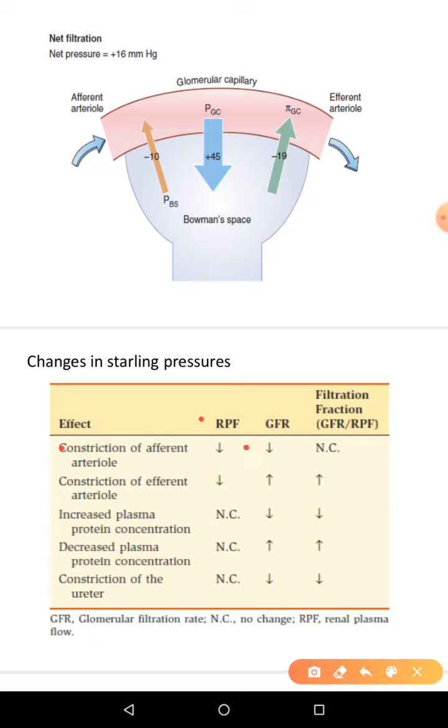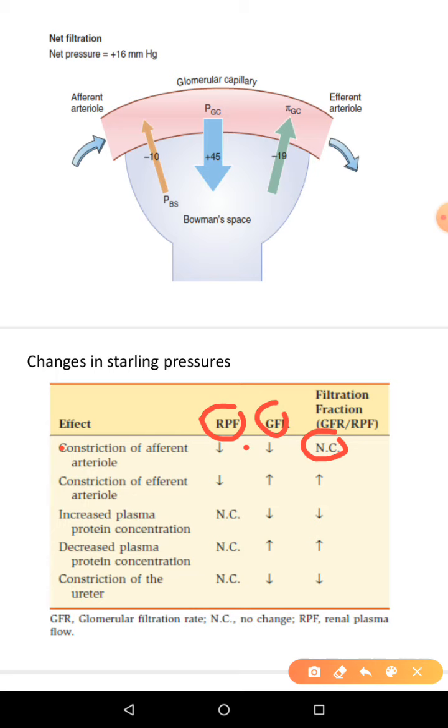What's the filtration fraction? No change. Okay. So the way they decrease, it's in proportion. They decrease by a certain factor. That's why there's no change. The rate of decrease is similar.